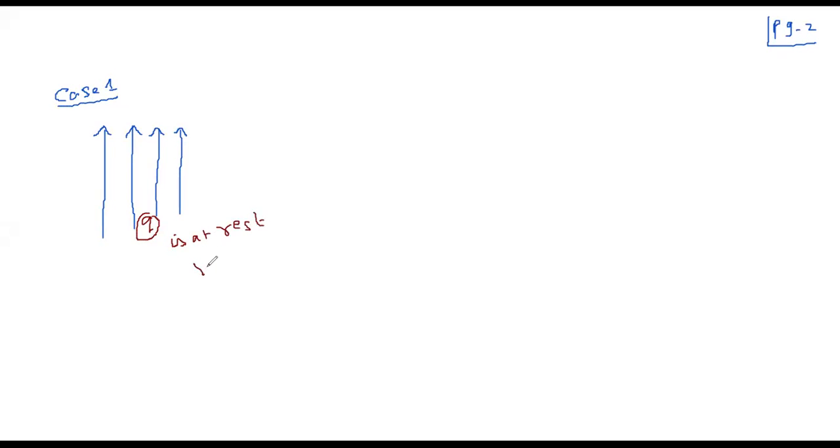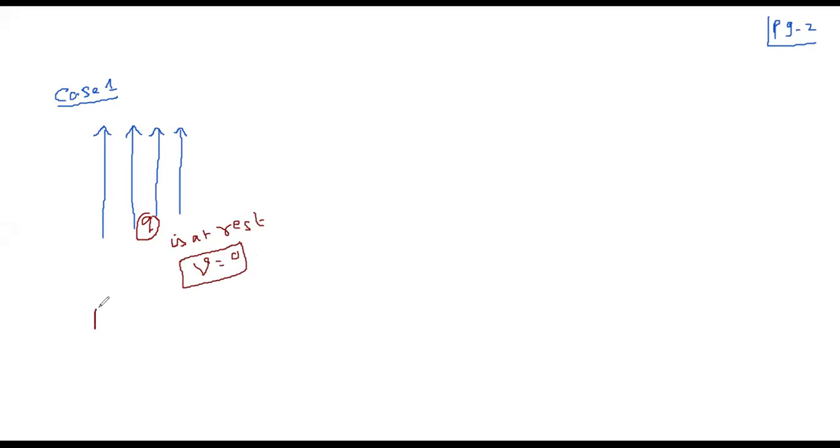So we have a few cases. Case 1: this is the direction of the magnetic field, and assume the charge is at rest. If the charge is at rest, what is the velocity? 0.